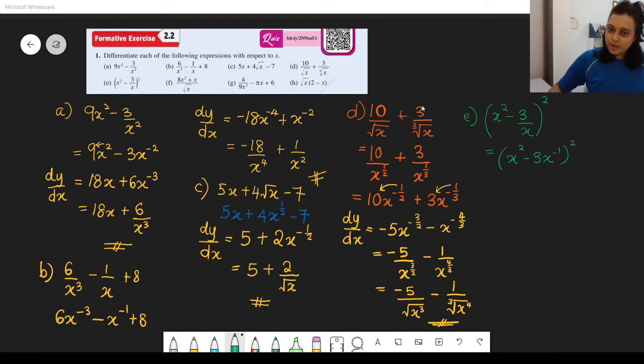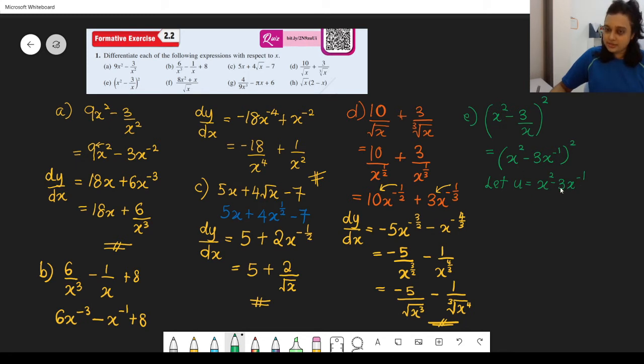So when to use the chain rule? Use the chain rule when you have an equation, then power outside. So here, for the chain rule, we are going to let u equal to the equation inside here, x square minus 3x negative 1. We're going to let this equal to u.